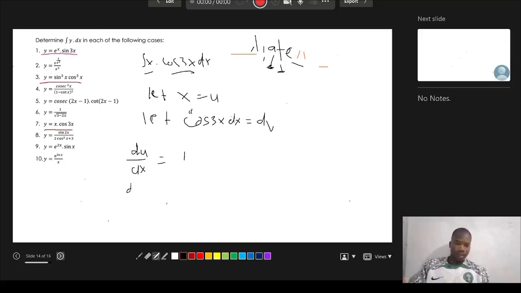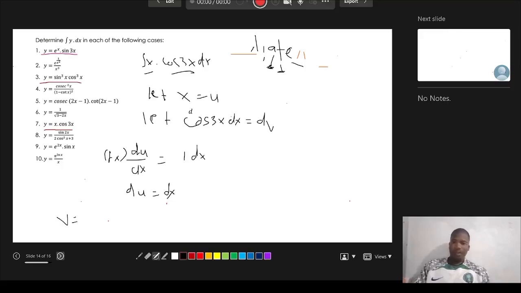Then du is equal to dx, right? Because we multiply by dx on both sides.